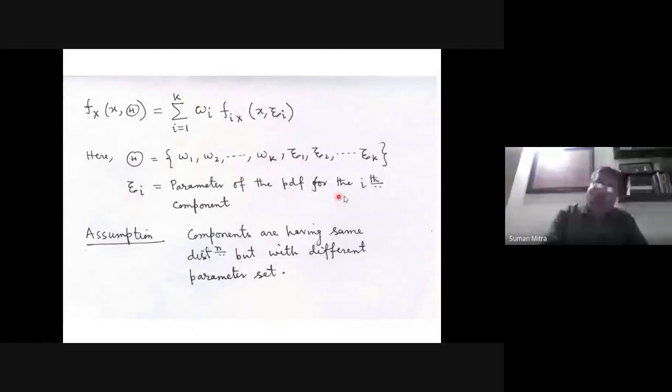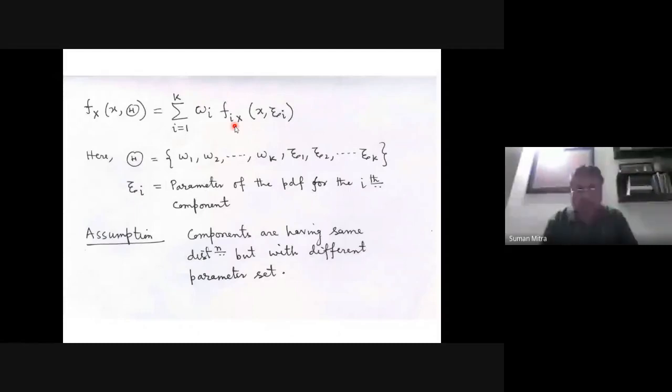One thing is very important in the finite mixture model. We assume that this distribution is known to us and all the components have the same distribution. We are not saying that the first component is Gaussian, the second is exponential, the third is gamma.